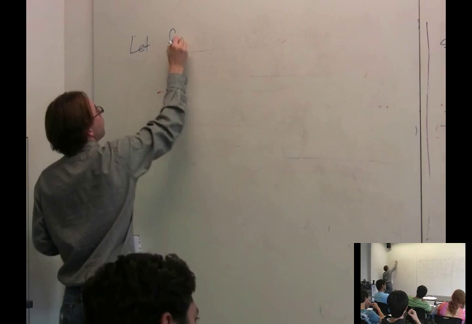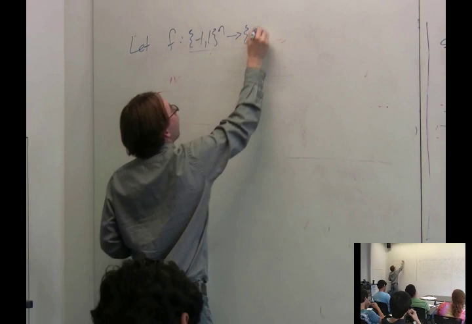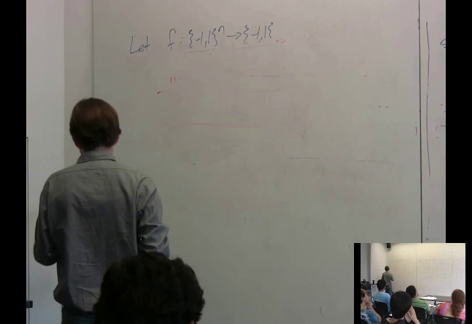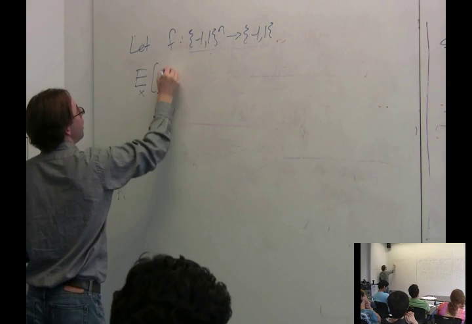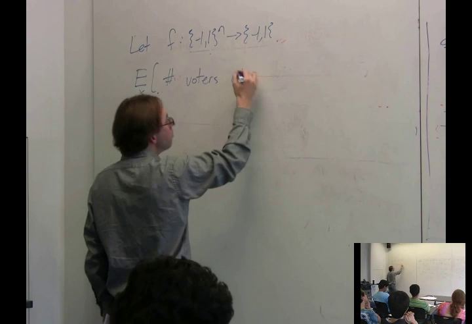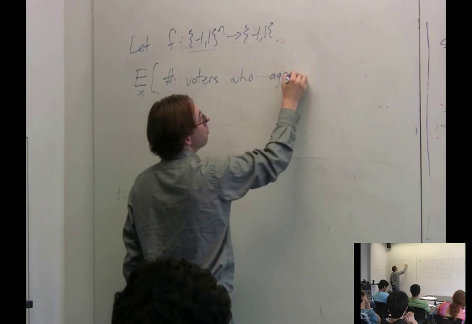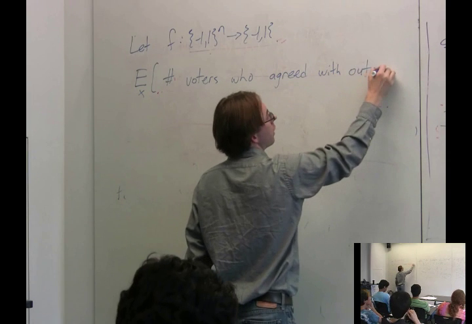Let f be any voting rule. Then the expectation of the number of voters who agreed with the outcome. Okay, so what I'm saying here is everybody votes.